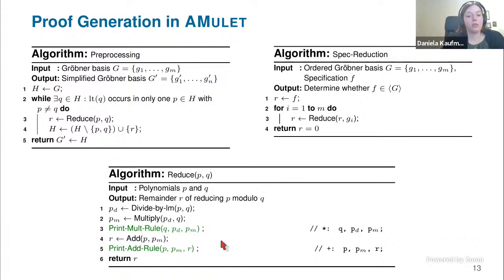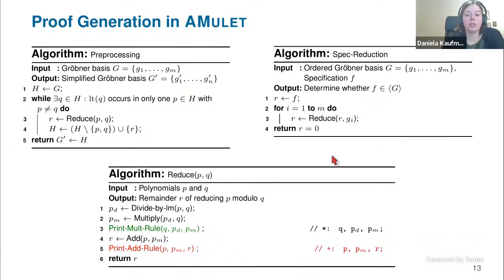And as I said, for the pre-processing step, this is really fine, because both polynomials p and q are contained in the Gröbner basis. So proof checking is fine here.